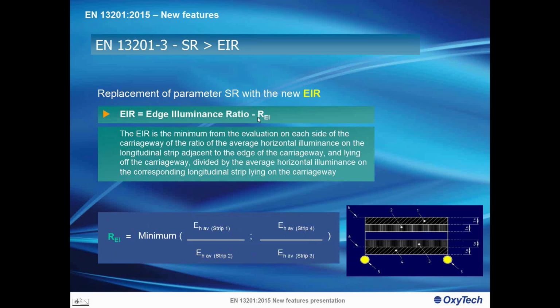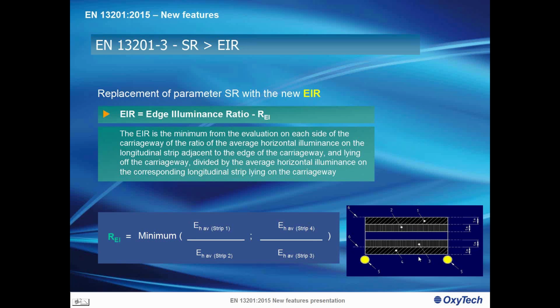The edge illuminance ratio, also called REI, is the minimum value of the two ratios. The first one is the ratio in between the horizontal illuminance of strip 1, which is this one, related to the adjacent strip inside the carriageway.